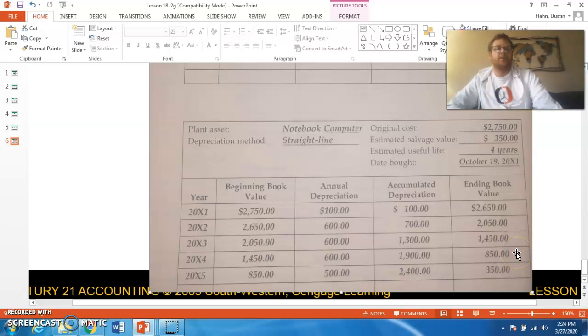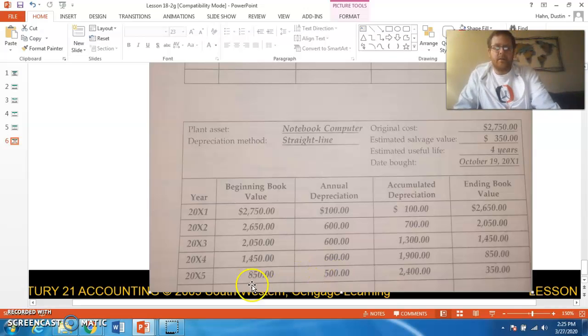Now, this first line we calculated 2 months worth of depreciation. Now, since technically there's only 10 months left of depreciation on the 4 years, we now have to use that per month value again. Okay, so that 850 comes down here. This is 500 because the monthly depreciation is $50.